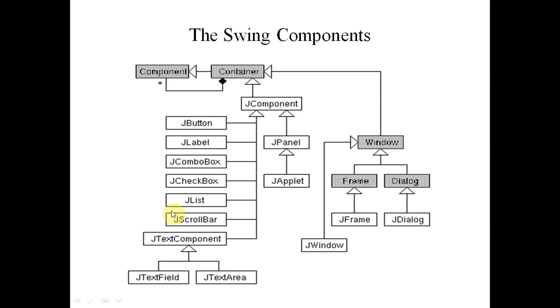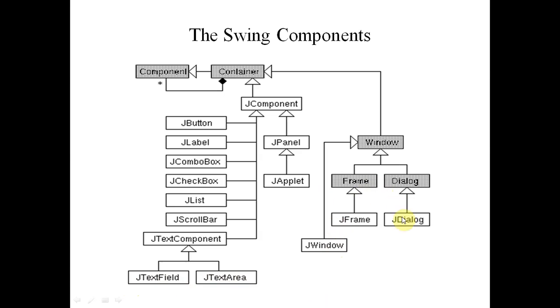All these components can also be used in Java Swing, but J is prefixed. So JButton, and instead of label we write JLabel in Java Swing, JComboBox, JCheckbox, JList, JScrollBar, and JTextComponent. Inside JTextComponent we have JTextField and JTextArea.